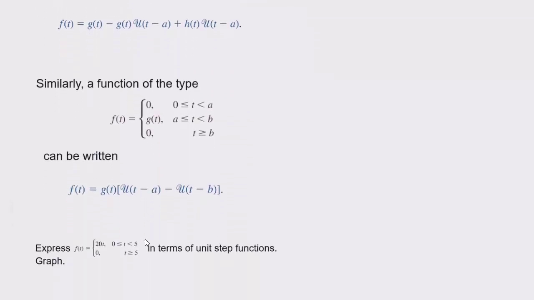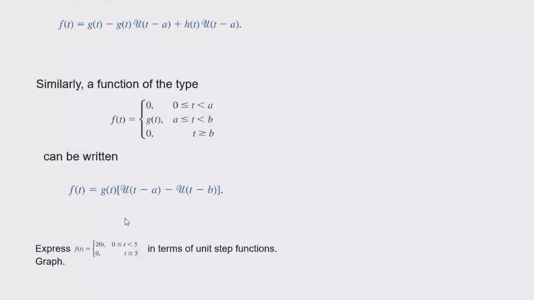So if we have, say, something like this, where you've got three pieces, so 0, g of t, and back to 0 again, and the parameters go from 0 to a to b, and back to b again. Well, the 0 piece is essentially multiplying by 0, so we're really focused on that g of t piece.